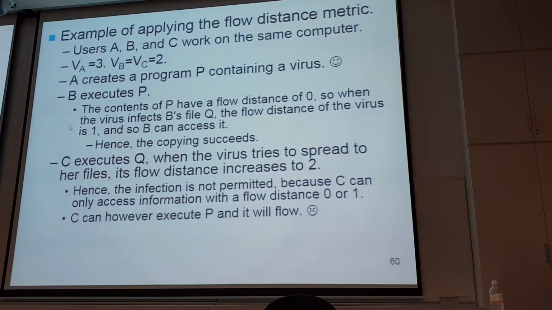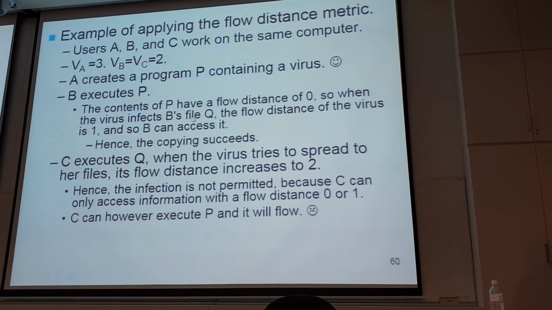So here is one example. Suppose you have three people, A, B, C, and then you have the thresholds. A will have threshold 3, B and C have threshold 2. Now suppose A has a program which is infected by a virus, and A allows B and C to execute this program. When B executes this program, the virus will infect another object. Originally the virus has a flow distance of 0.